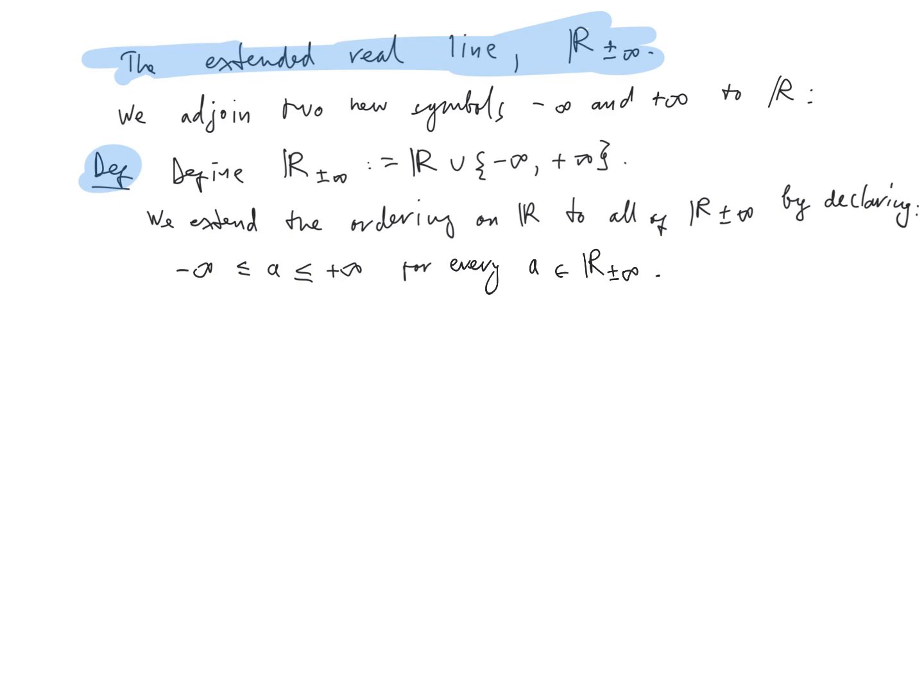So in other words, if we look at the linear ordering on this extended set, we have that minus infinity is the smallest element with respect to the ordering, and plus infinity is the greatest element with respect to this ordering. So let's say this is the first part of the definition. We also define unbounded intervals. So we define the following unbounded intervals.